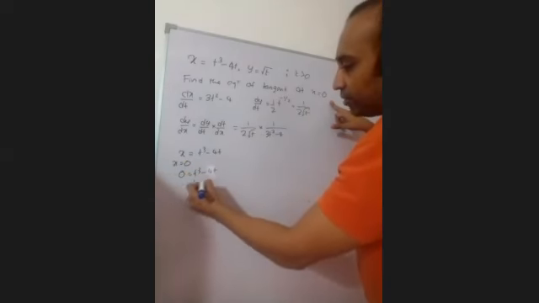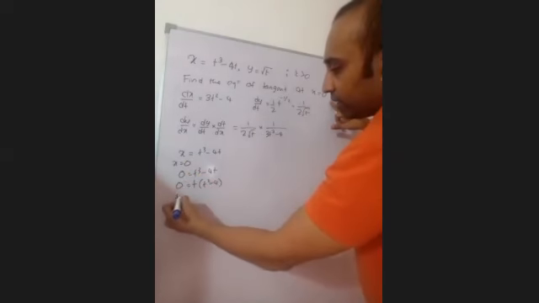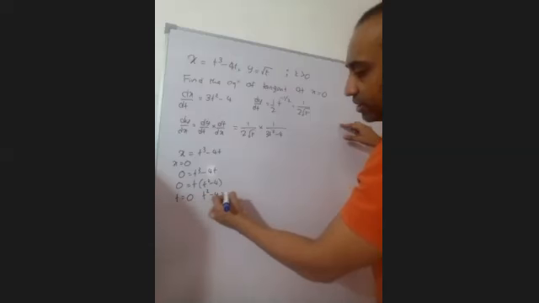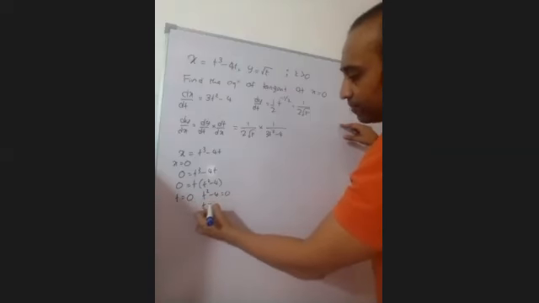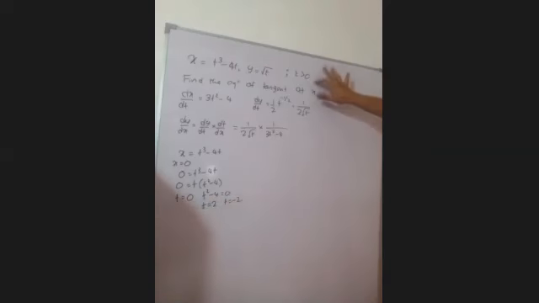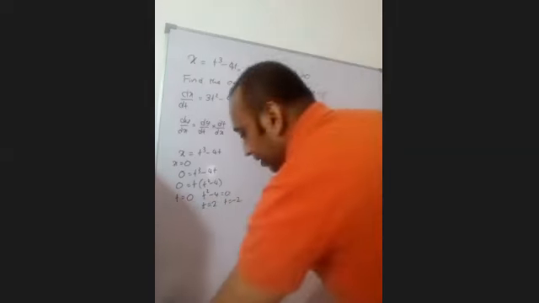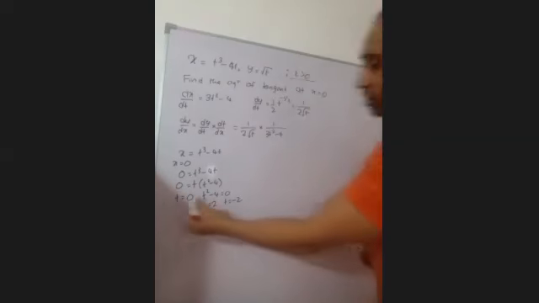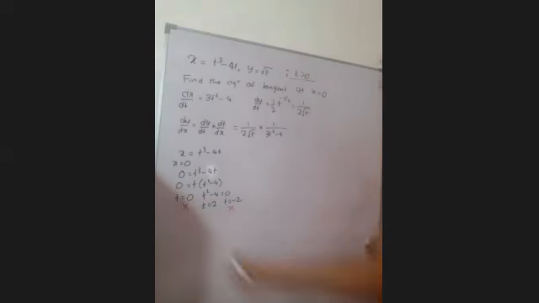Then you can take t out. t squared minus 4 equals 0. t is equal to 0 or t squared minus 4 is equal to 0. You can get t equals plus 2 or t equals minus 2. Now they have given a condition over here. They have already specifically mentioned t is greater than 0. Therefore, you cannot think about these two figures. So t is equal to 2.